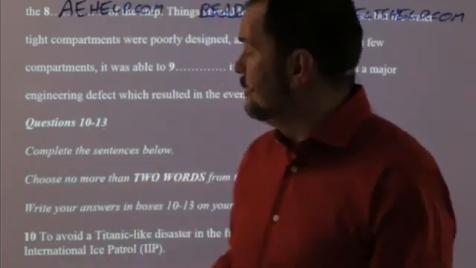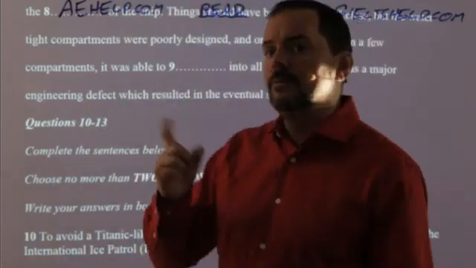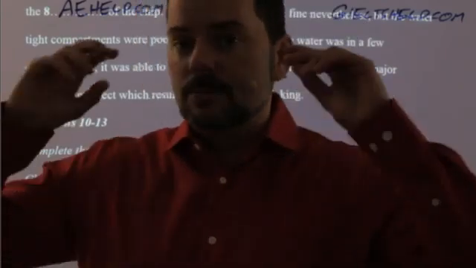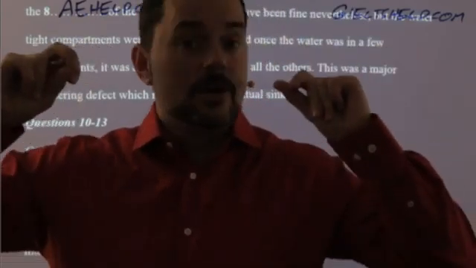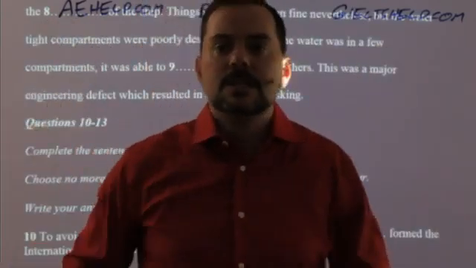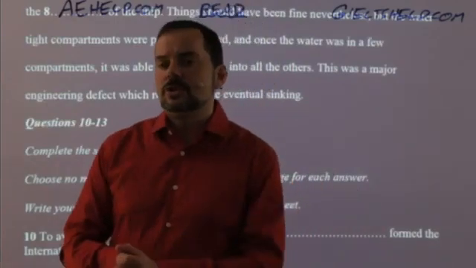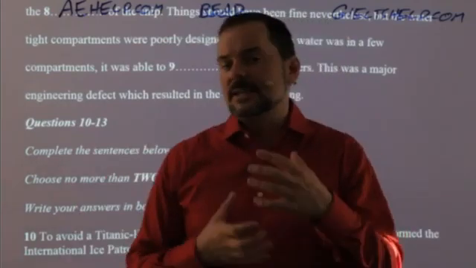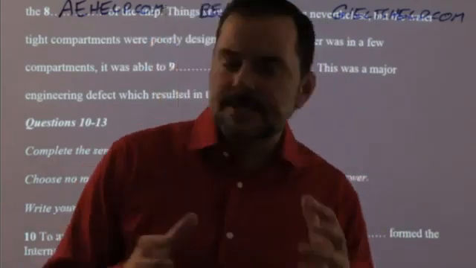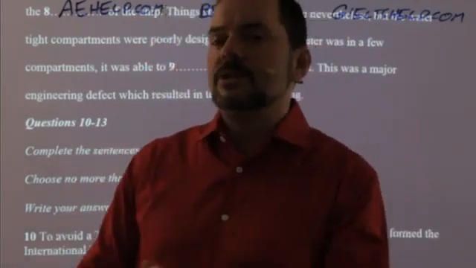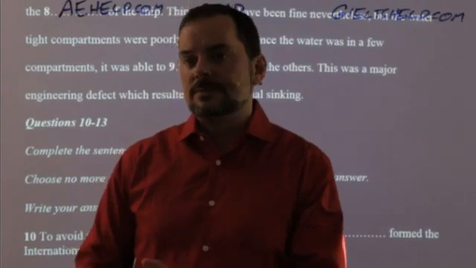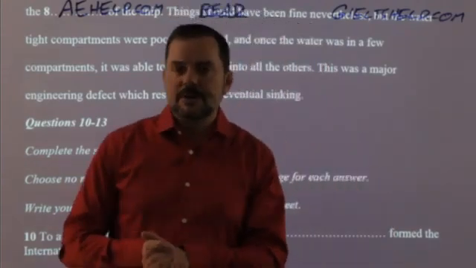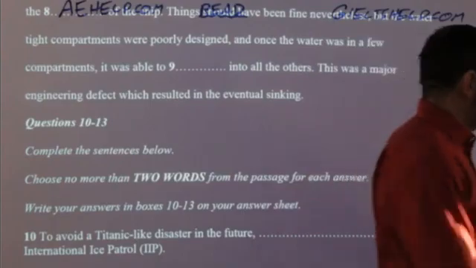Okay, so while I'm reading this summary, what should that remind me of? There should be a strategy that should be like a red light in your head going, okay, I got to do this. I got to do this. So what should you do? What should you do? You're reading about the Titanic. You're reading this information about the Titanic hitting an iceberg and sinking. What should you be doing while you're reading this? There's a very important strategy, okay?